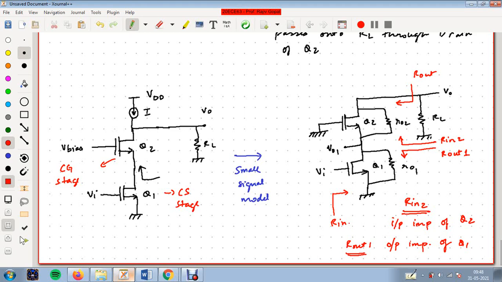Another thing I want to point out, this Q2, which is the common gate stage, is actually called the cascode stage or cascode transistor. Right, so I'll stop now. Any queries still here?